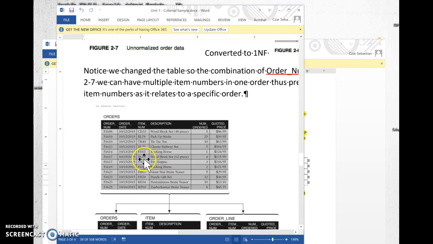Now I've got NL89, which is also woodblock set, and if I have one different person order this same item number, I could be repeating descriptions. So what I want to do is break this whole thing up so I'm not repeating descriptions.